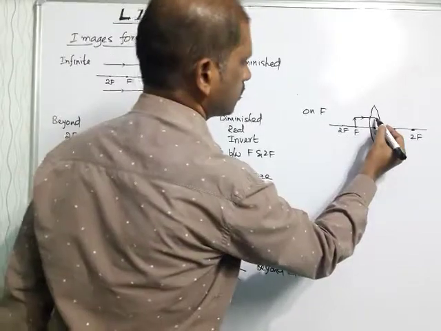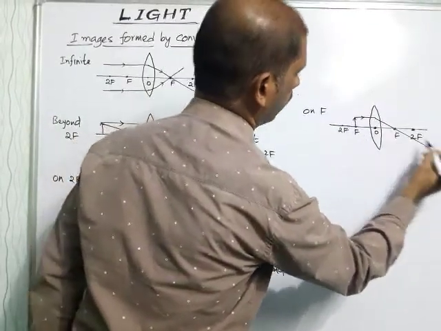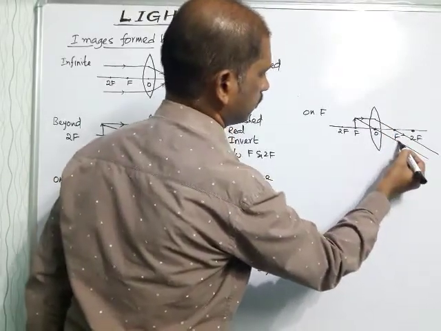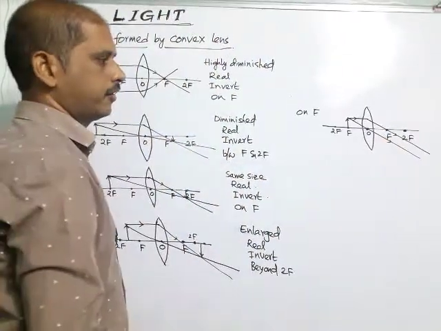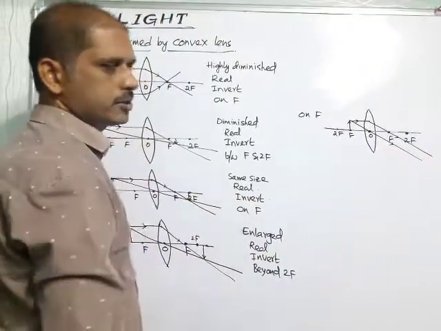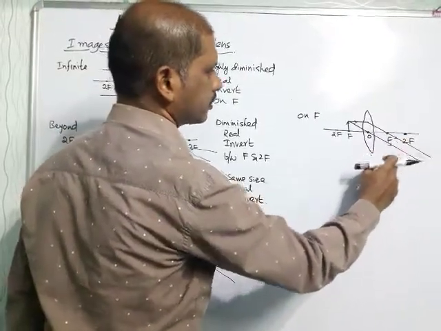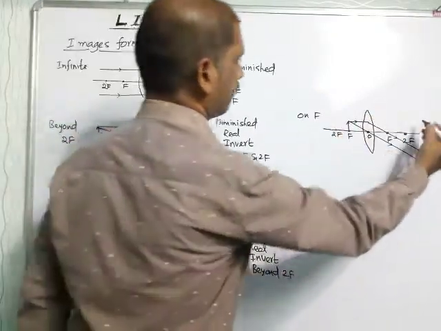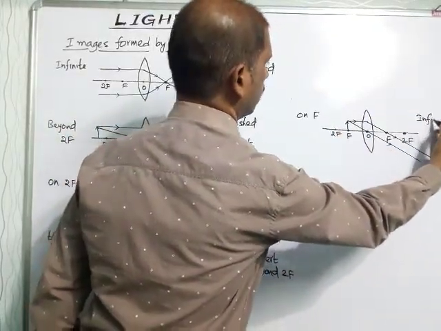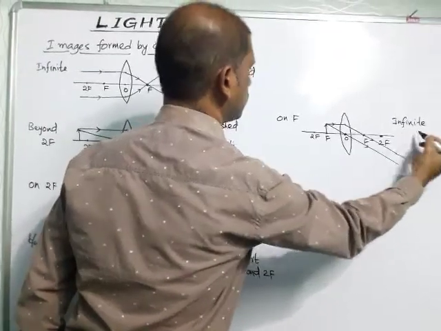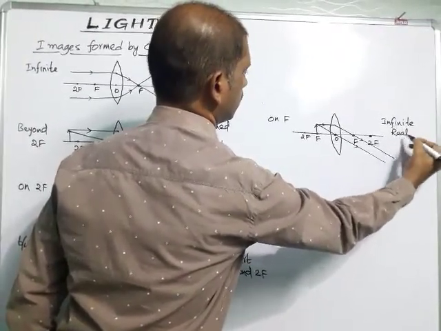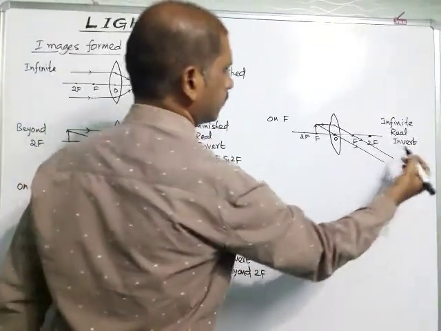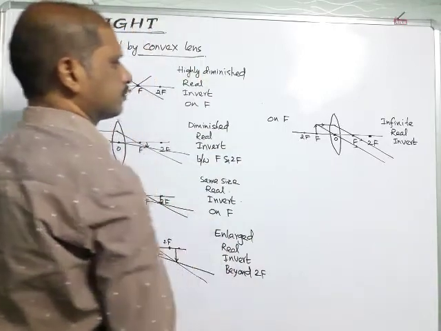Again it passes through the focus. Another ray passes through the optical center without any refraction, without any deviation. Now if you see the refracted rays, both are parallel to each other. It means the image is formed at infinite distance. But this is also a real and inverted image. So it is formed at infinite distance.